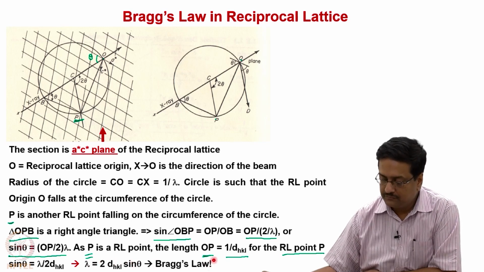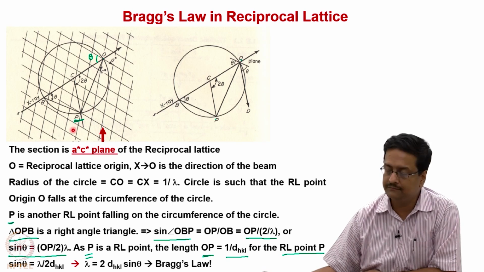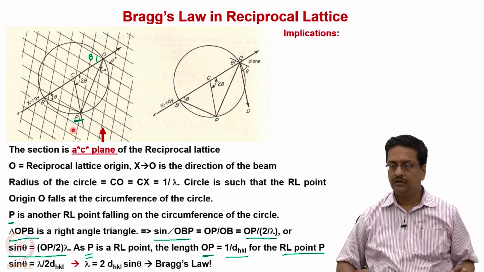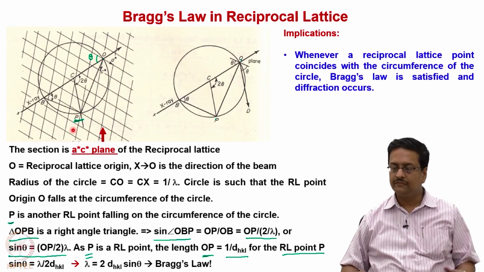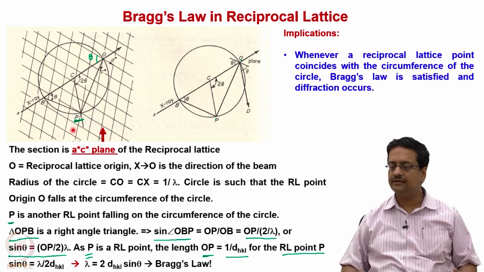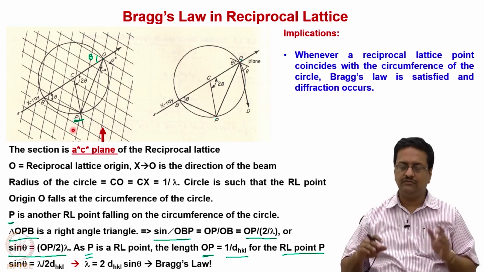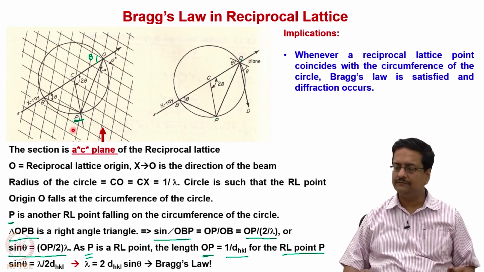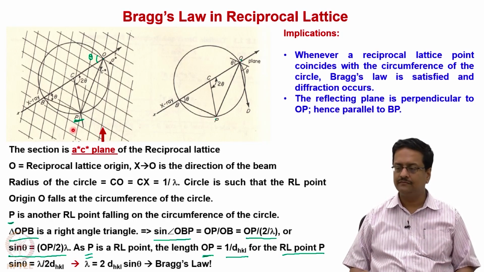That means the Bragg's law condition is satisfied for this particular reciprocal lattice point P. So, what are the implications of this understanding? Whenever a reciprocal lattice point coincides with the circumference of the circle drawn like this, with radius 1 by lambda, Bragg's law is satisfied and the diffraction occurs.